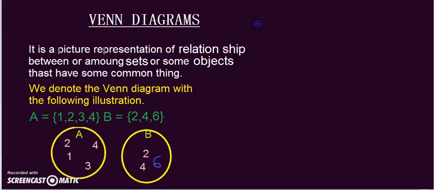A intersection B. How will we represent A intersection B? So, we know that intersection means the common elements between A and B. If you observe A and B, the common elements are 2 and 4.